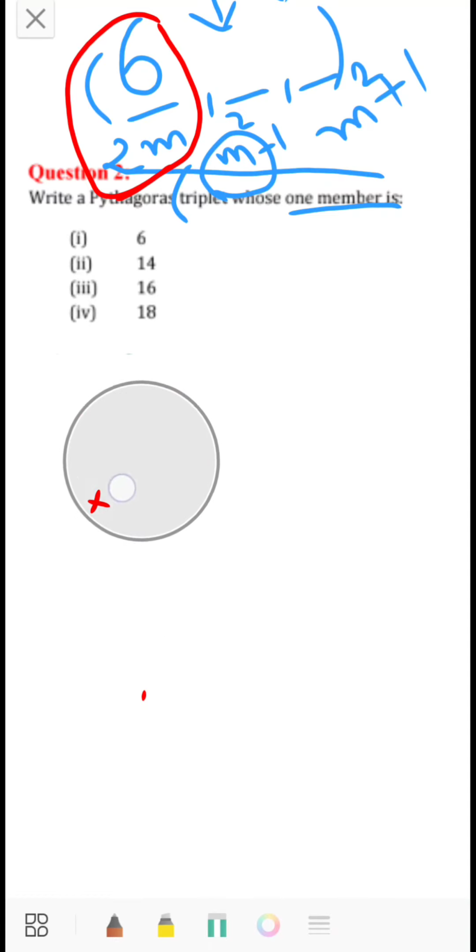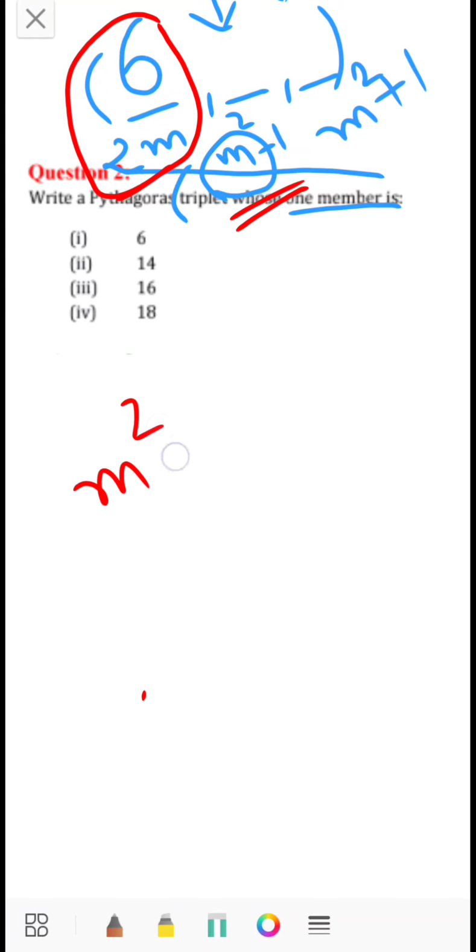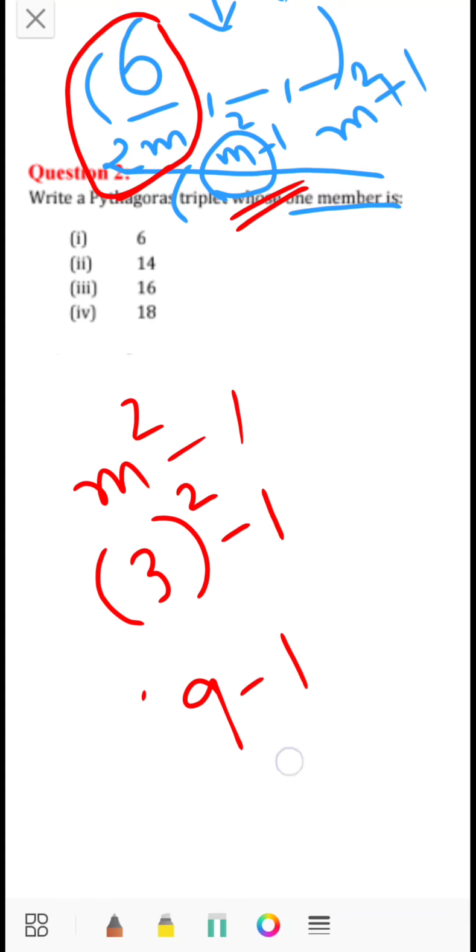Okay. Now what will you do? You will put this value of m in this formula. So in m square minus 1, I will simply replace m with 3. So 3 square minus 1. What is the square of 3? It is 9, minus 1, hence it is 8.